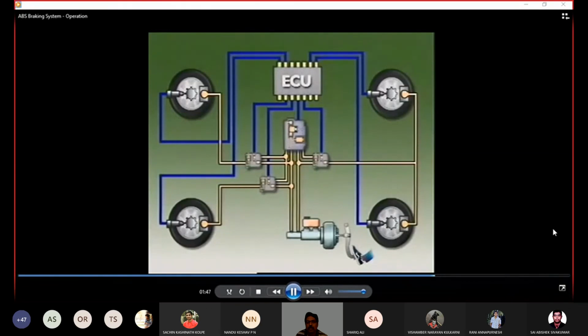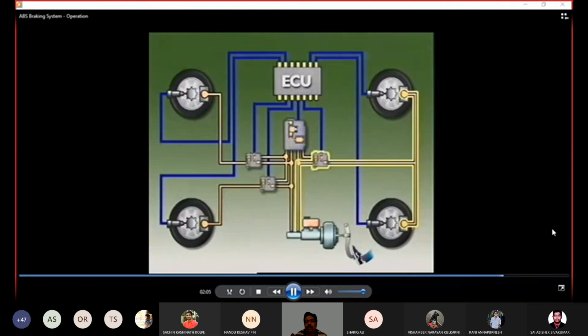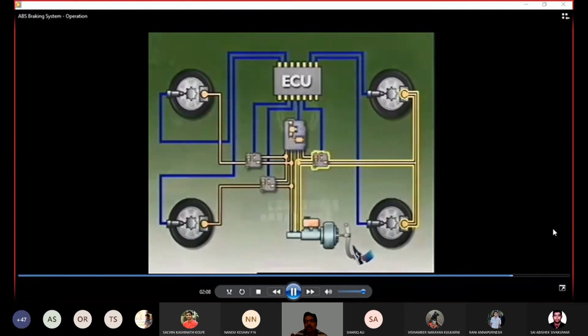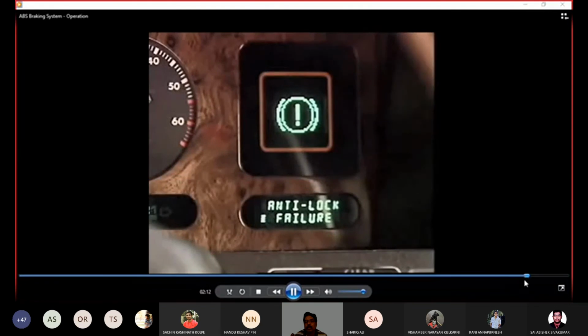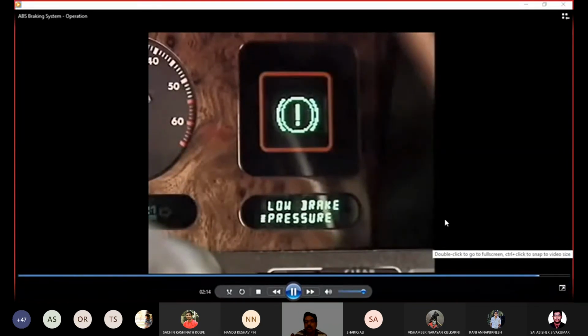In a 3-channel system, the hydraulic control unit uses 3 solenoid valves to control brake pressure and prevent them locking. The valves are in series with the brake master cylinder and the brake circuits. One operates for each of the front wheels and one controls both rear wheels. At the start of a journey, the ABS automatically checks itself. Any failure in the system lights up a warning light in the dash panel.